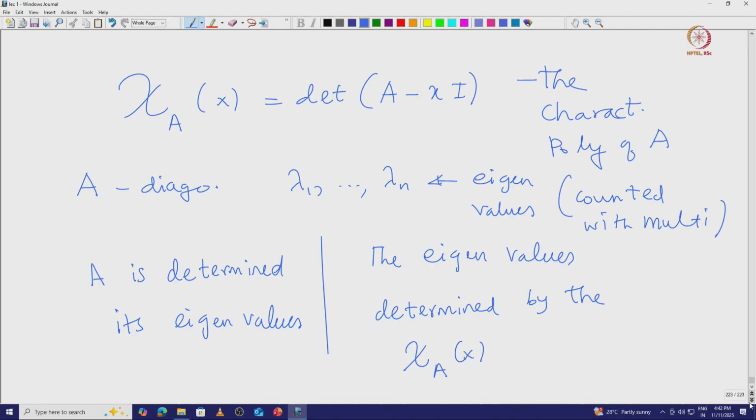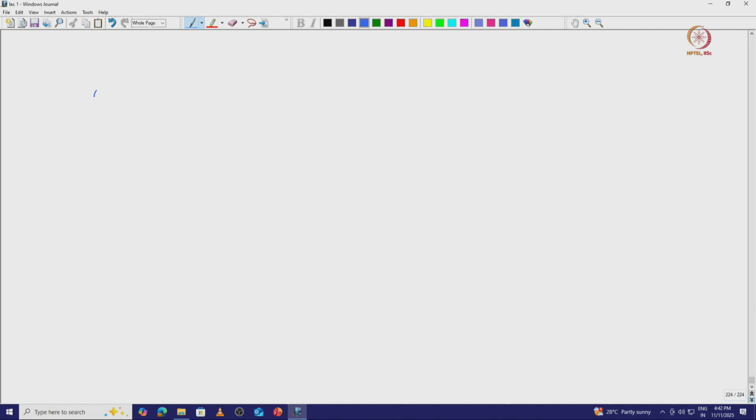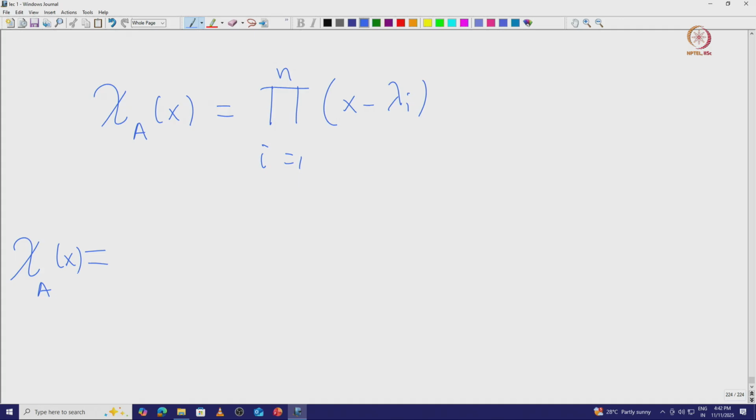If we write down the characteristic polynomial in terms of the eigenvalues, then we get exactly the product of x minus lambda i, i ranging from 1 to n. If you expand this, you get exactly the characteristic polynomial, that is, the coefficients of the characteristic polynomial in terms of the roots lambda i.